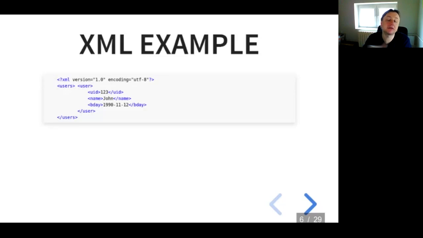So it has this tree structure basically, right? And then inside these elements, for structured data interchange, we usually use either subtrees or text that represents some data types. This is a sample description of the user.